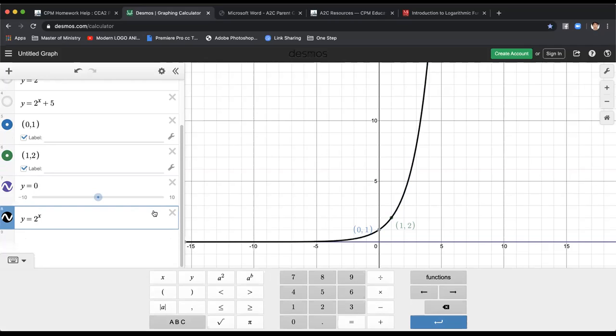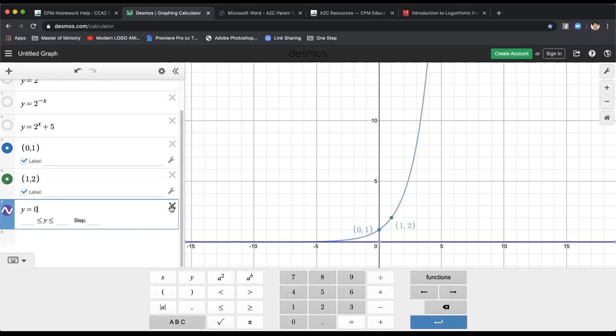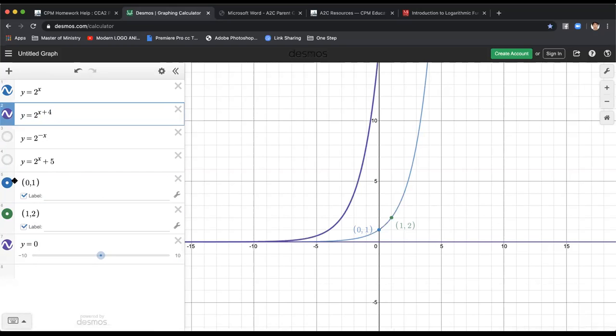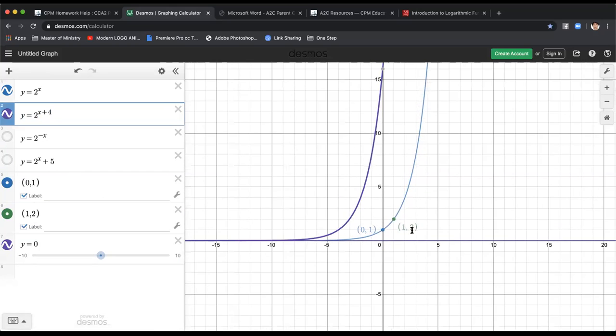Can you see this one? We have y is equal to 2 raised to x, and we add 4 to the exponent. And the graph is this. What can you say about the graph?